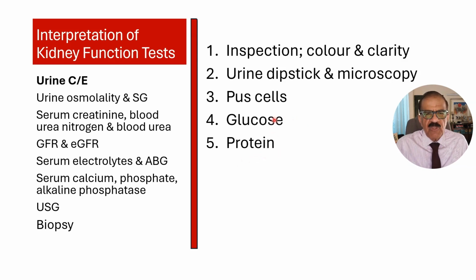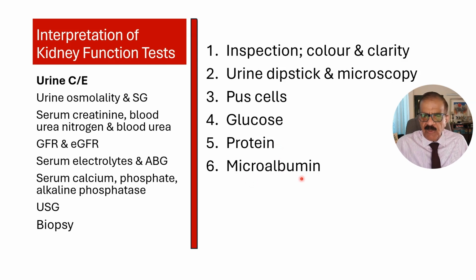Protein, again, with this dipstick method, protein should not be detectable. There is a condition called transient orthostatic proteinuria, so maybe you can pick it up in some cases, but for that, you need another test to detect a small amount of protein. I'm going to cover that in the next slide.